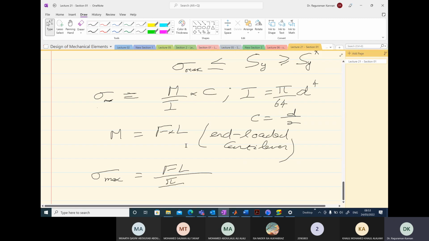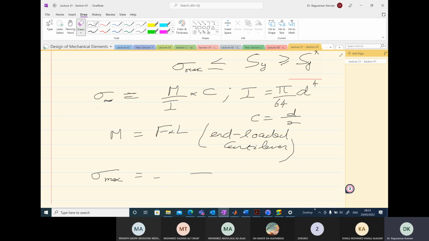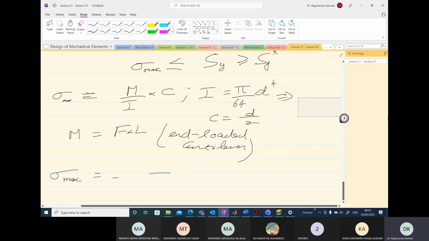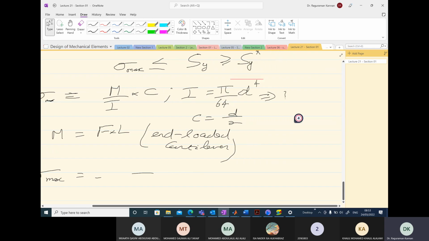Okay, but before I do that, I have to express the area. I forgot about that. So let me clear here and express the I values properly. This implies I can take the ratio I over C equal to pi over 32 d cube.